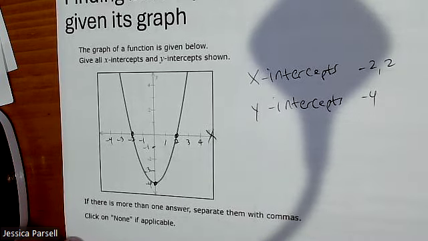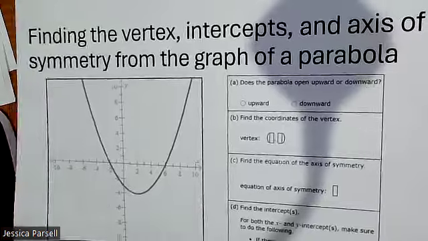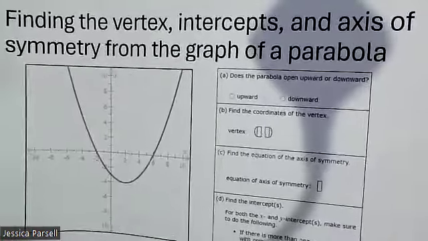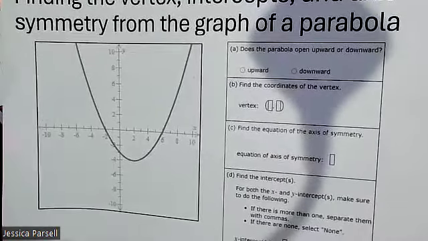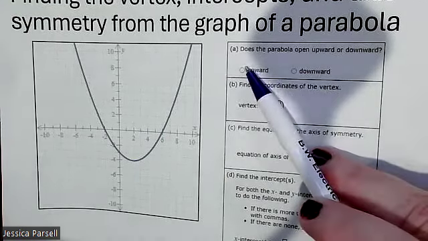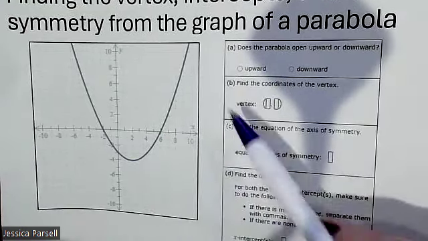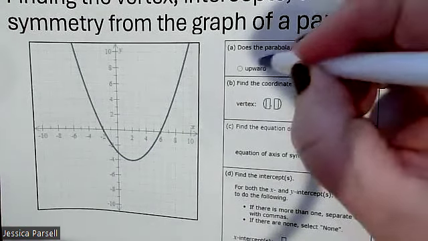Let's try another one where they kind of ask a little bit more. And this will be the last question in this video. Okay, find the vertex, intercepts, and axis of symmetry from the graph of a parabola. Let's start off with answering question A. Does the parabola open upward or downward? So if this looks like somebody doing the touchdown, then this is going to be opening upward.